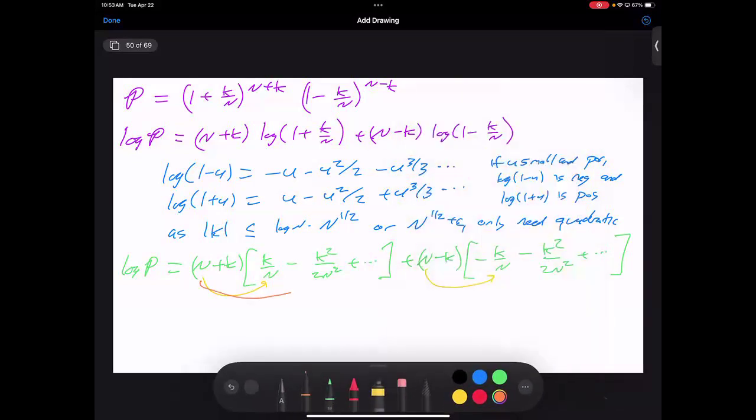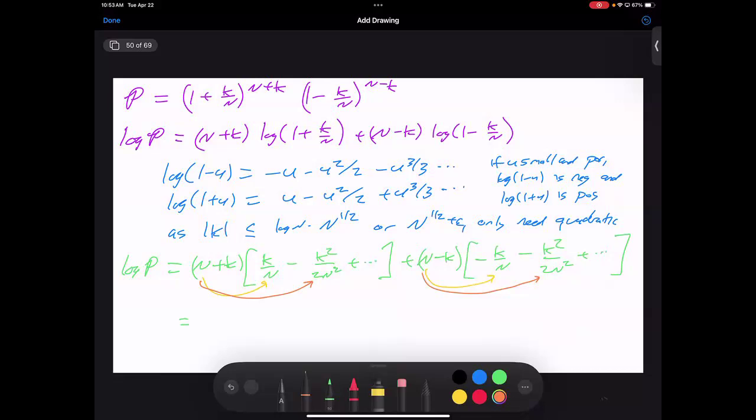We now have n times negative k squared over 2n squared, and n times negative k squared over 2n squared. Do those cancel or reinforce? Reinforce.